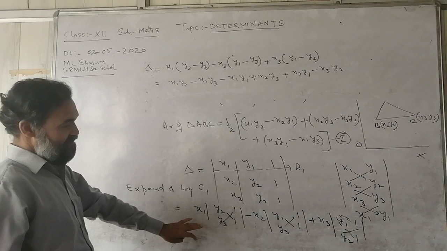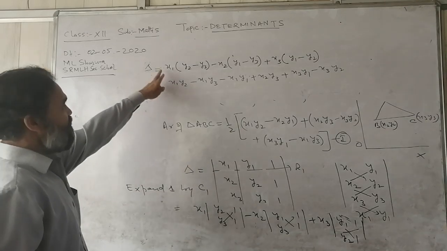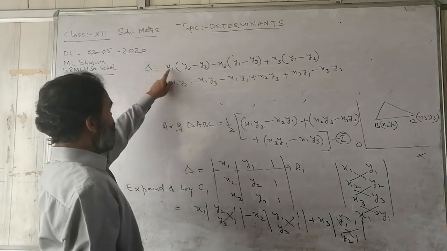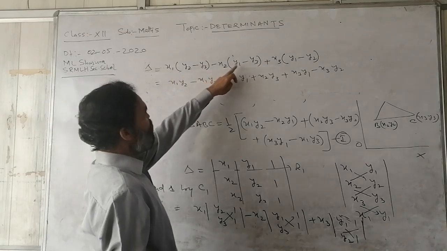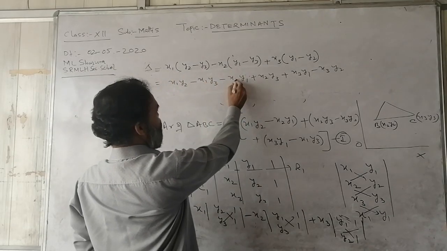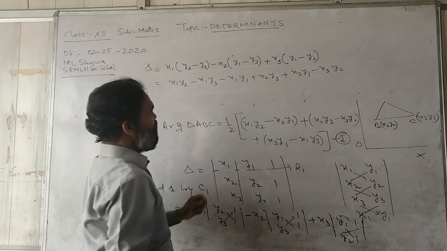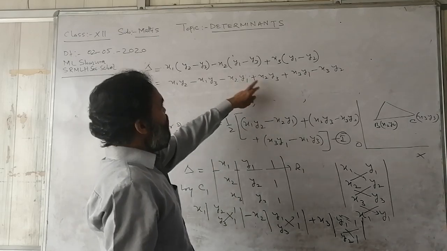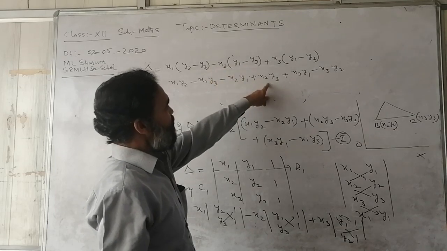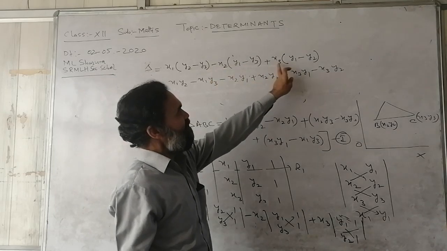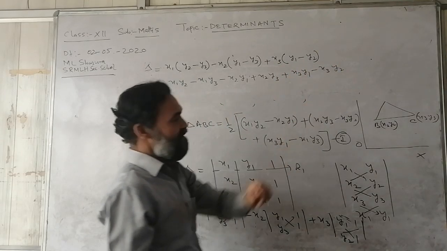This expression can be written in this way: if I multiply, x1 y2, minus x1 y3, minus x2 y1 (here there should be x2 y1), plus x2 y3 plus x3 y1 and minus x3 y2.